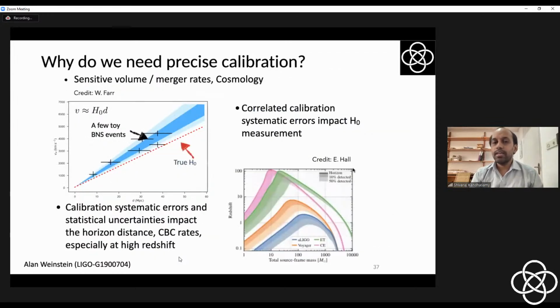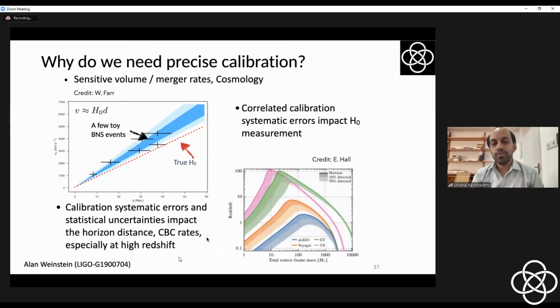So why do we need this precision of calibration? This is because if you want to do better science, if you want to estimate the parameters well, if you want to do cosmology, for example, measure the Hubble constant H0, we need to have these calibration uncertainties at a much lower value.